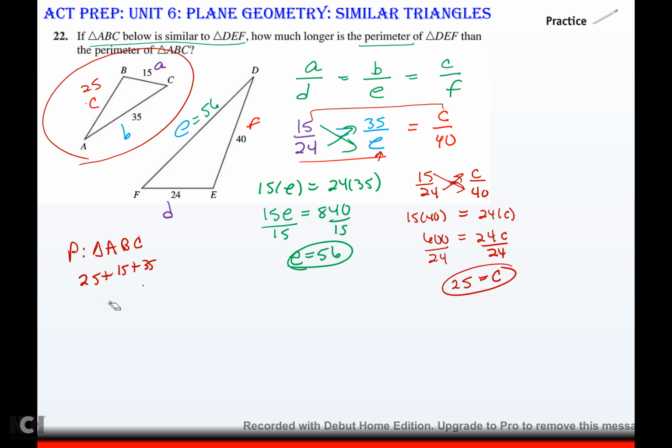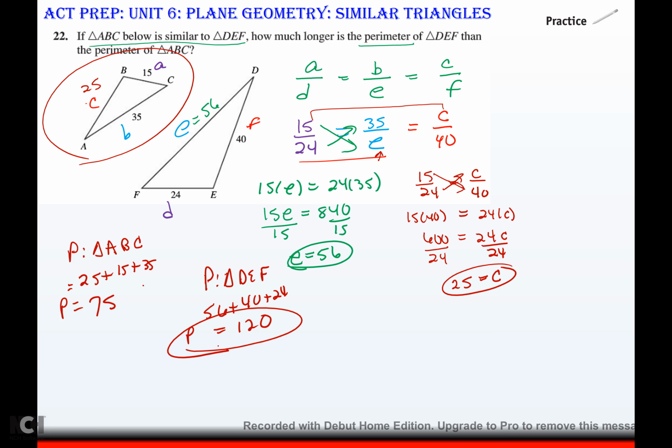Sorry, that is not, my bad. My perimeter of ABC is 75. Sorry. My perimeter of triangle DEF would be 56 plus 40 plus 24, which is 120.